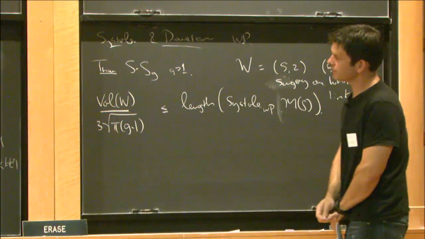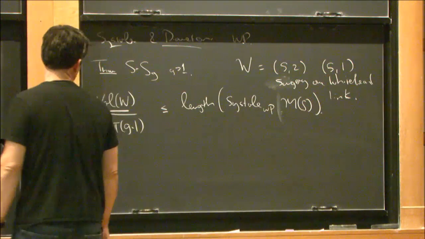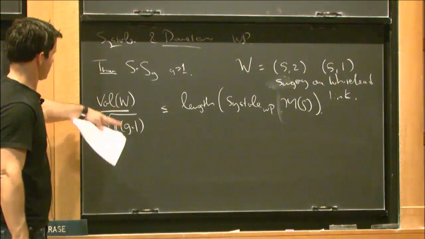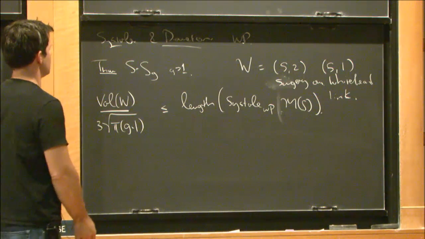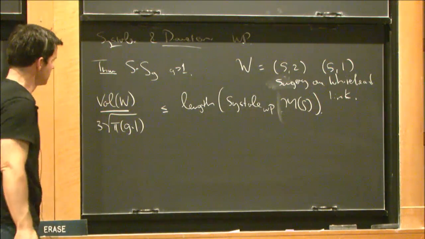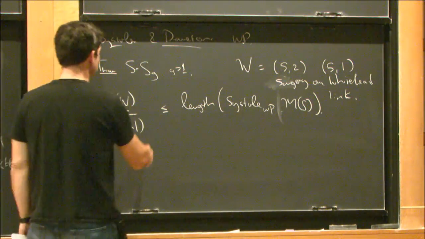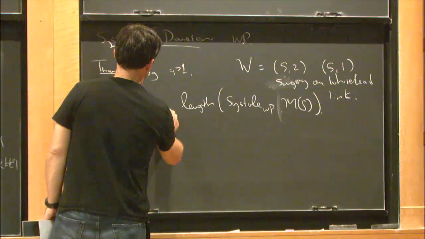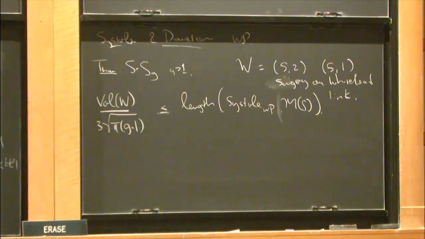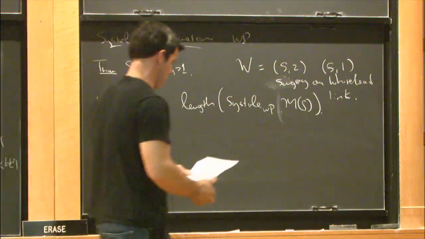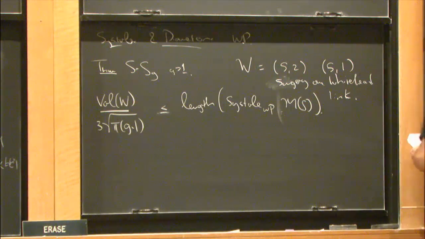Okay. So this is just the length of the translation distance for the smallest monodromy on the Weil-Petersson moduli space. And it's an explicit formula.